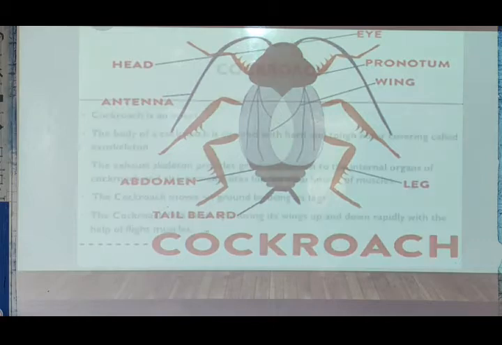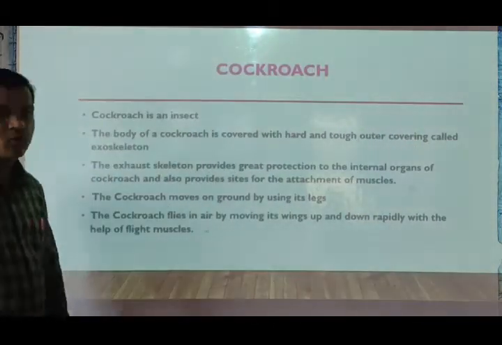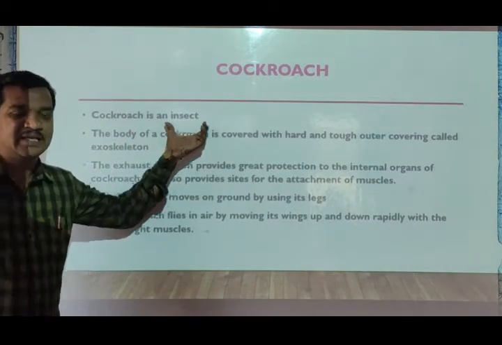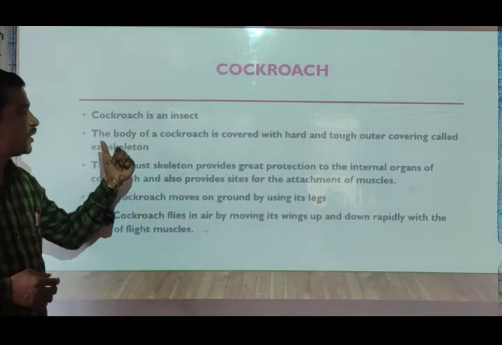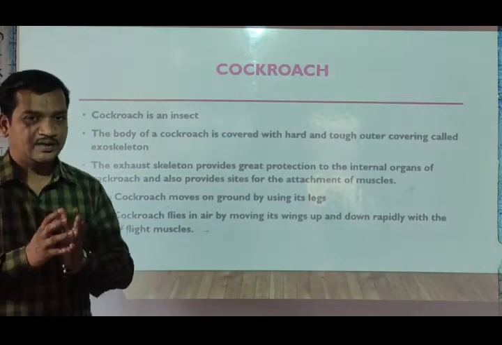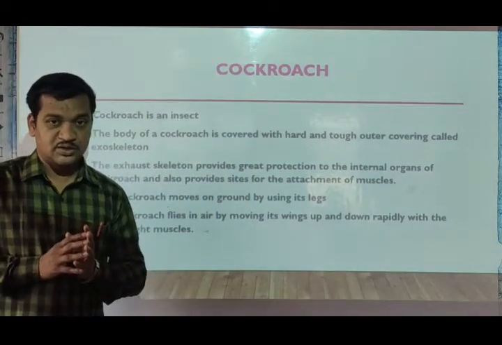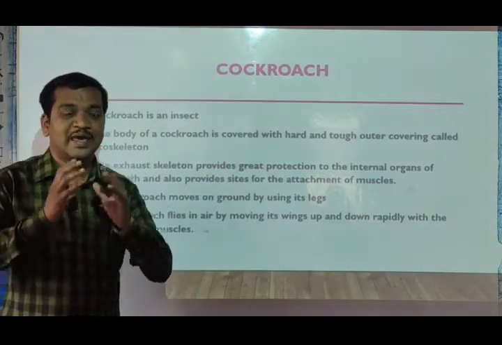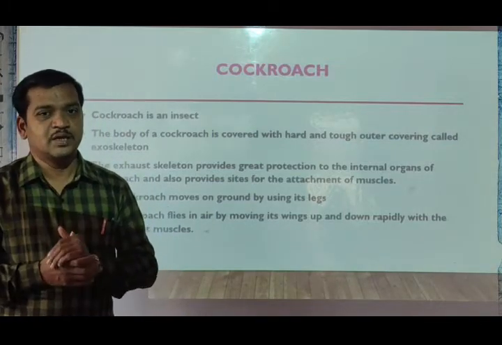Okay. Now we go to the points. First point, the cockroach is an insect. Second point, the body of the cockroach is covered with a hard and tough structure called the exoskeleton. Now what is meant by exoskeleton?